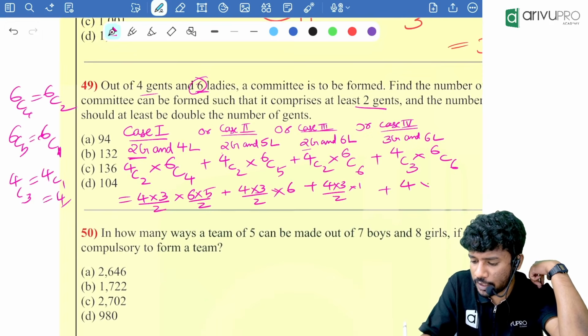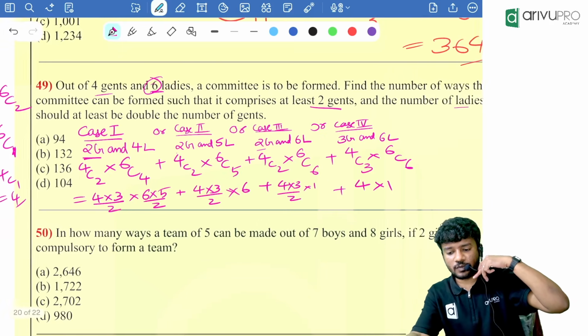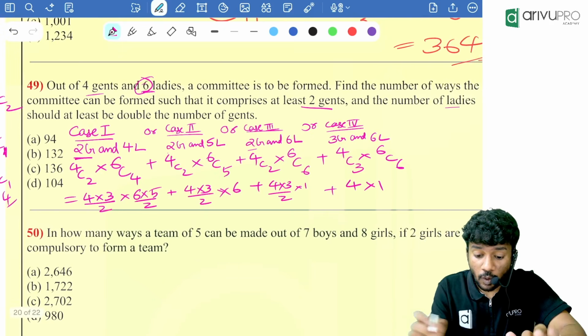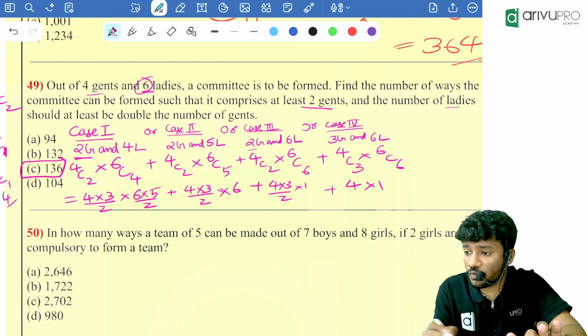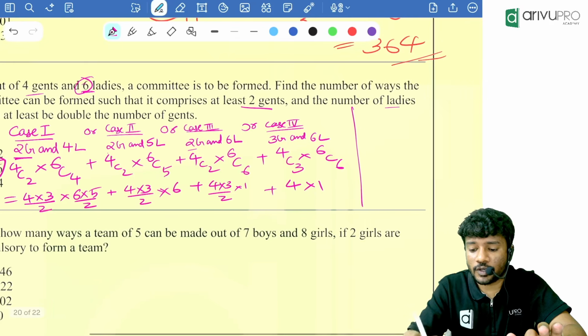So put 4 into 1. How much is the answer everyone is getting? 136. Everyone got 136? Just check on your calculator.